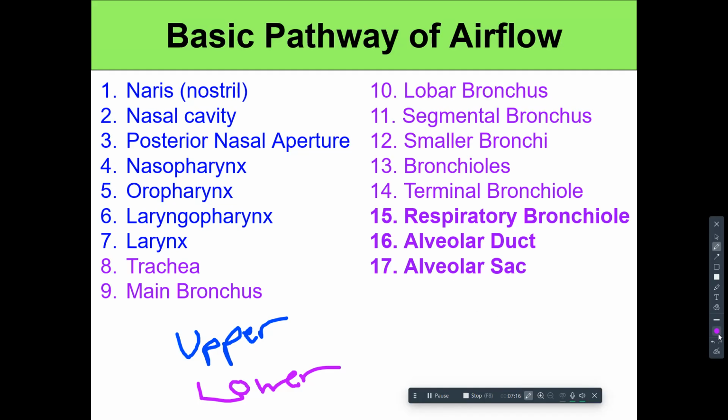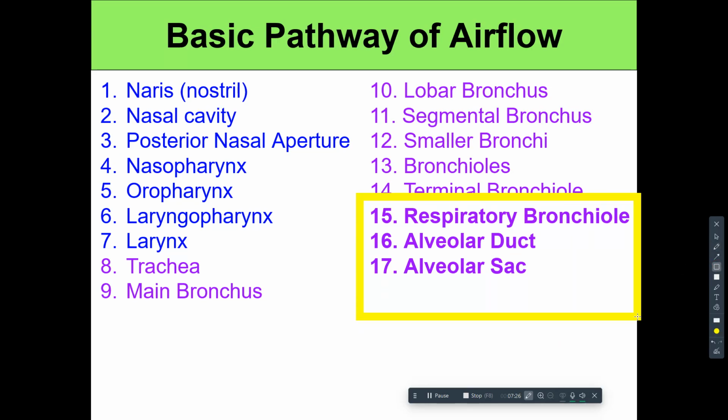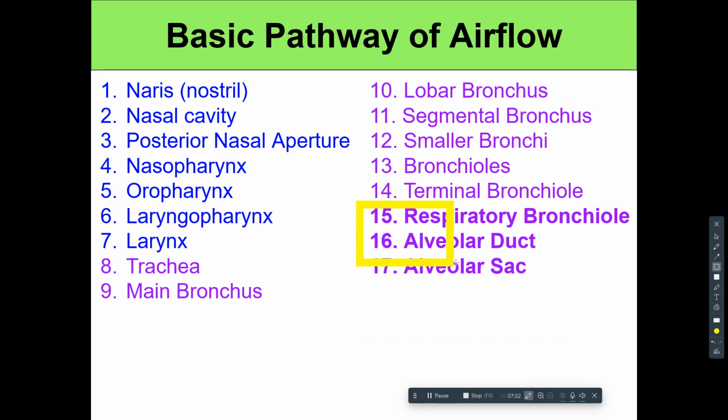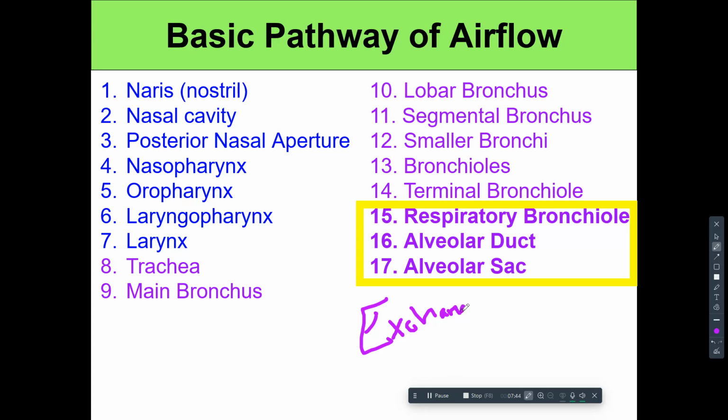Notice also that I made some things bold and other things not bold. So the bold structures here, and I'm going to redo that and make it even better. There we go. The bold structures here are what's called my exchange zone, also called my respiratory zone.